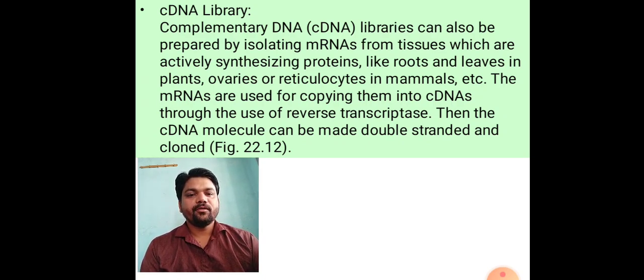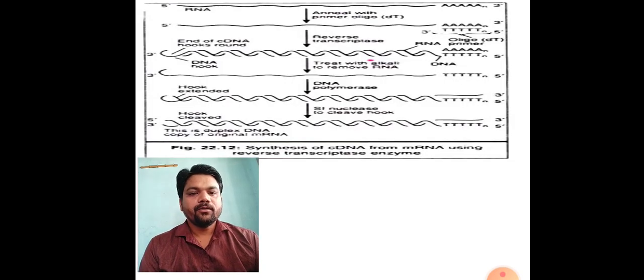Then the complementary DNA molecule can be made double stranded and cloned, as mentioned in the figures. How is this DNA cleaved? This is the procedure, shown diagrammatically.